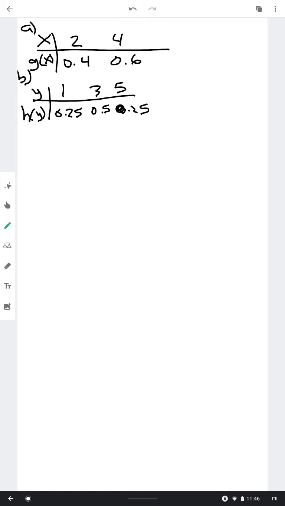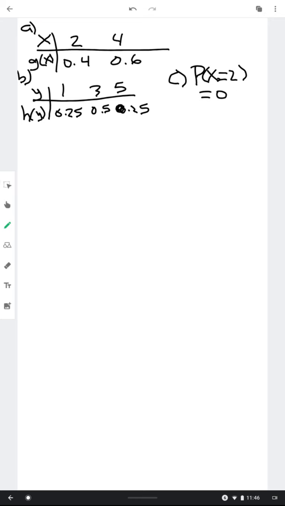All right. And then what does C ask for? C says, what's the probability x is equal to 2? Well, the probability x is equal to 2 is 0.4. We just found that out already. What's the probability y is less than 4?